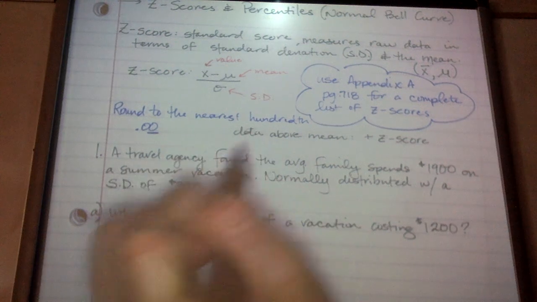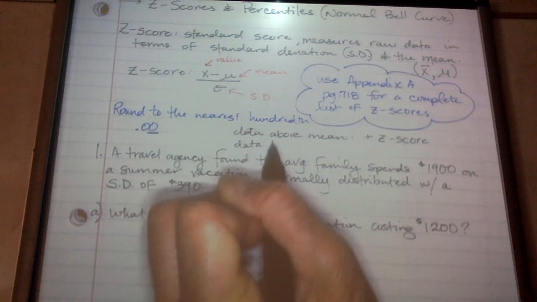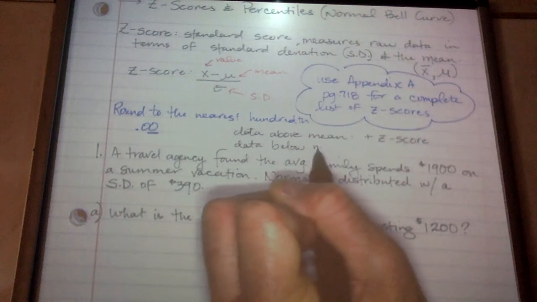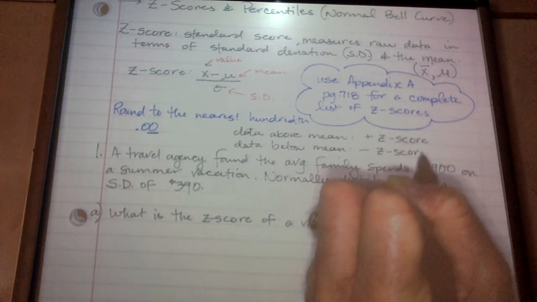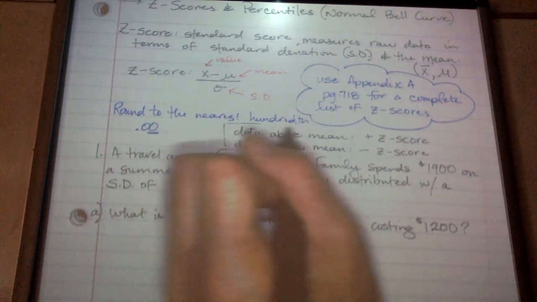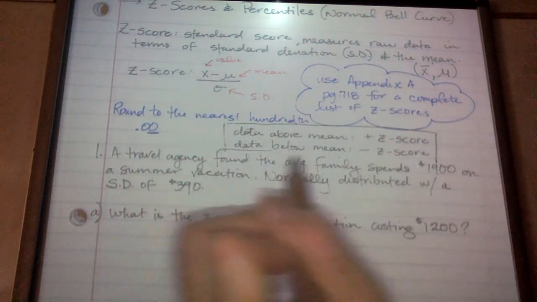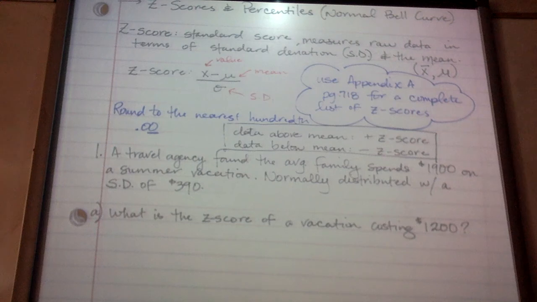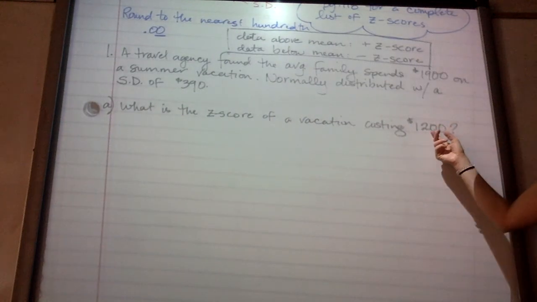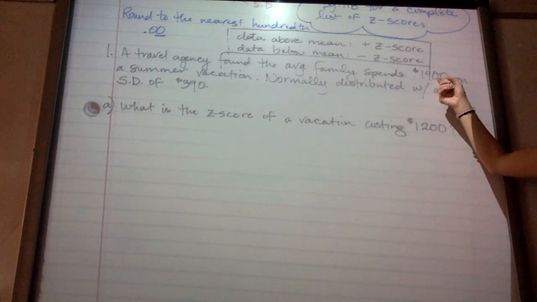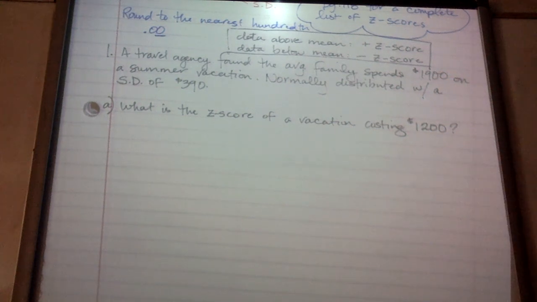Thankfully, I have an erasable pen. Data below the mean is going to have a negative z-score. So in this case, what's the z-score of a vacation costing $1,200? $1,200 is less than the mean, so I'm going to end up with a negative z-score.